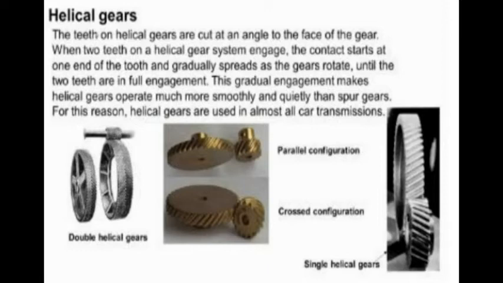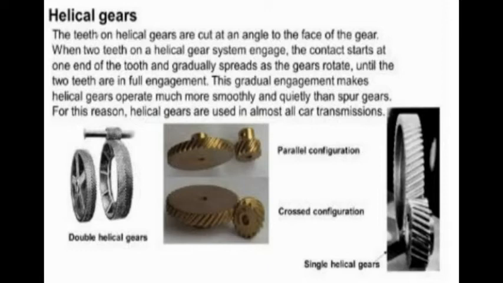When two teeth on a helical gear system engage, the contact starts at one end of the tooth and gradually spreads as the gears rotate until the two teeth are in full engagement. This gradual engagement makes helical gears operate much more smoothly and quietly than spur gears.